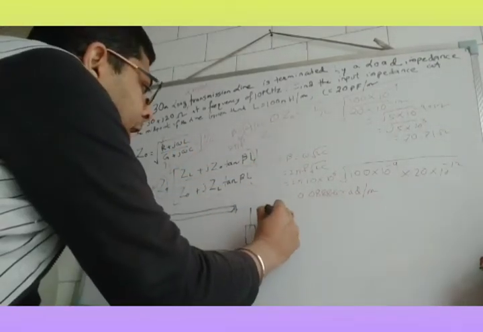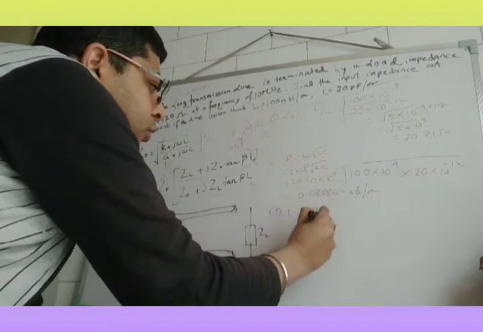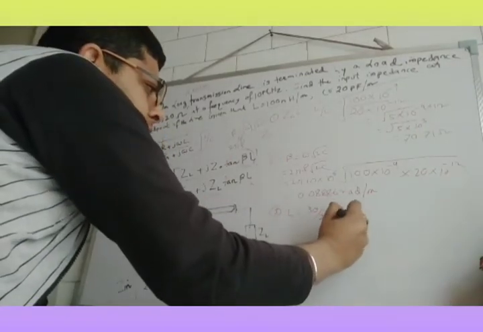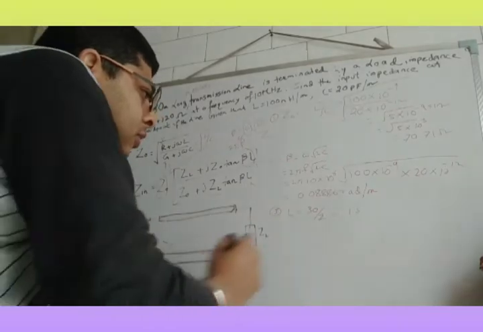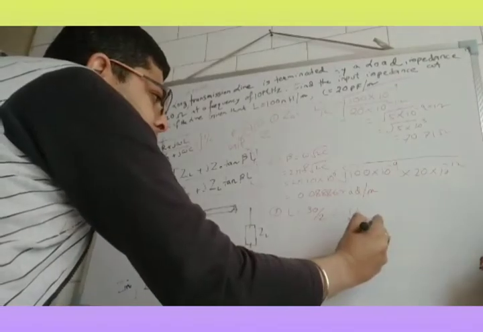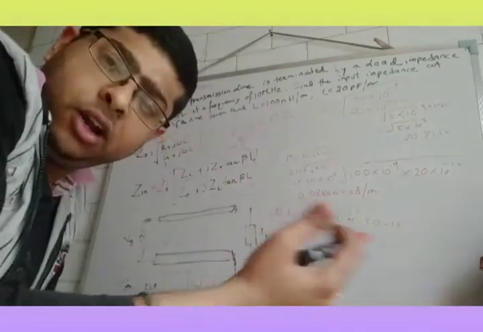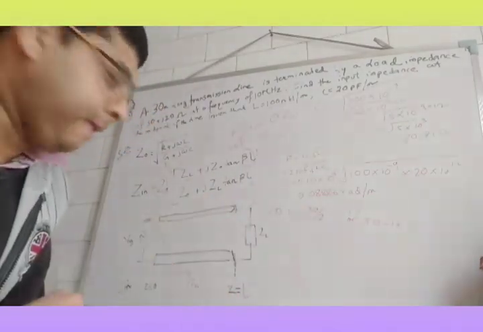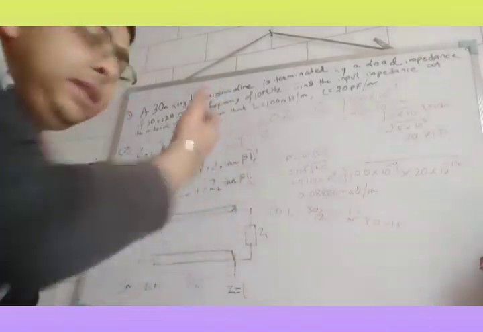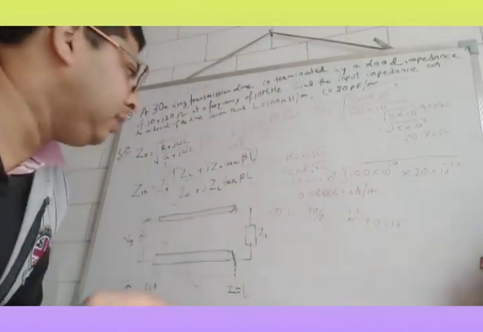So L will be 30 by 2. Since you need to calculate for the midpoint of the line, you can write 30 by 2, or 30 minus 15. Because it is not mentioned whether from the load end or the generator end, it is immaterial here. We need to calculate the midpoint.